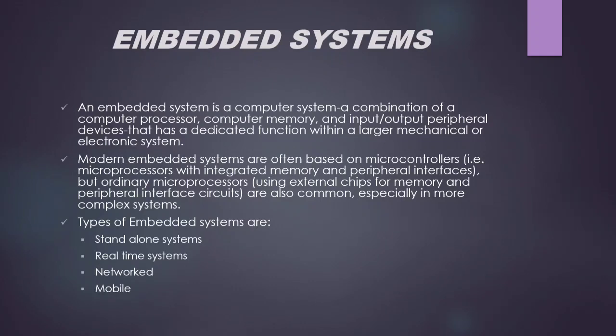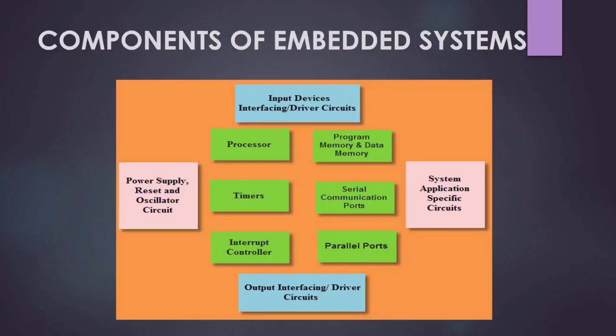But ordinary microprocessors using external chips for memory and peripheral interface circuits are also common, especially in complex systems. Types of embedded systems are standalone embedded systems, real-time systems, networked, and mobile.